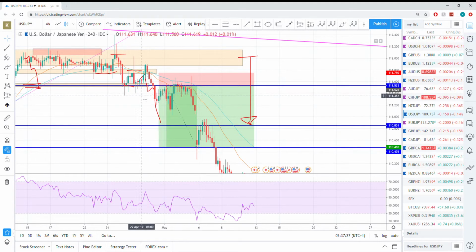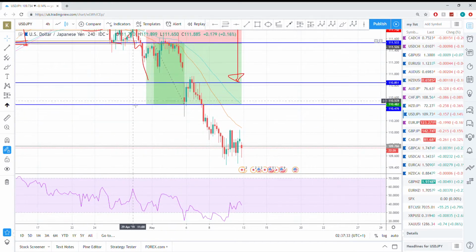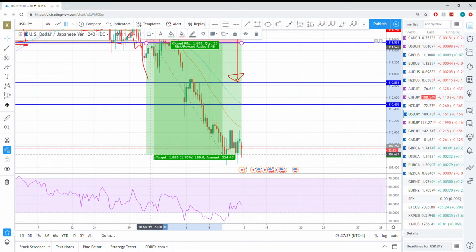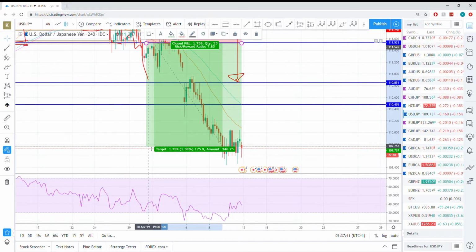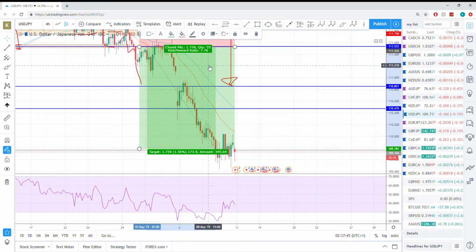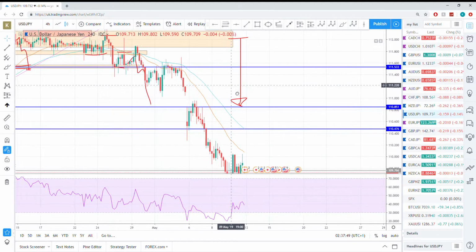As we can see, the approximate range took us all the way to just under 200 pips. So I'm just going to delete that to make it easier to see.